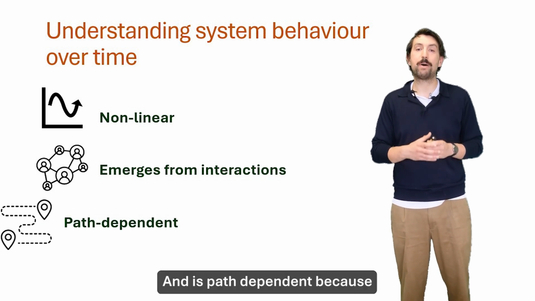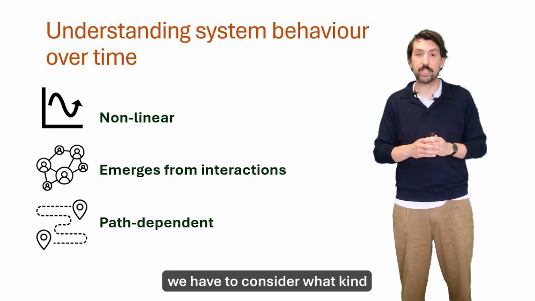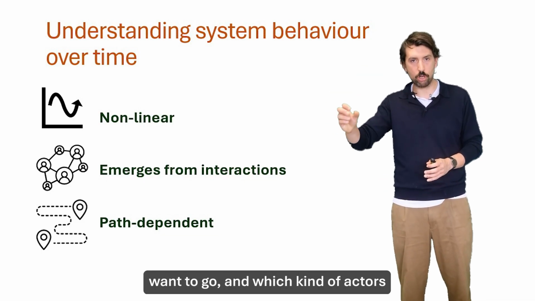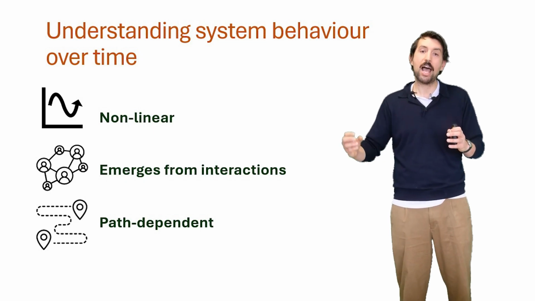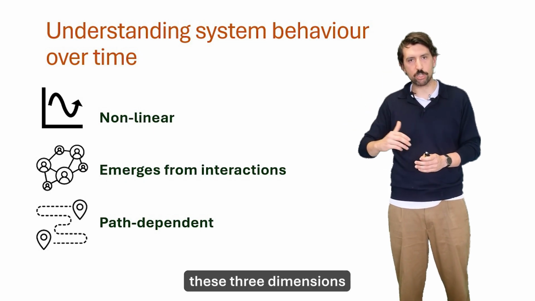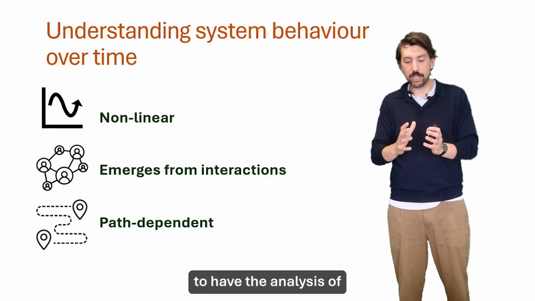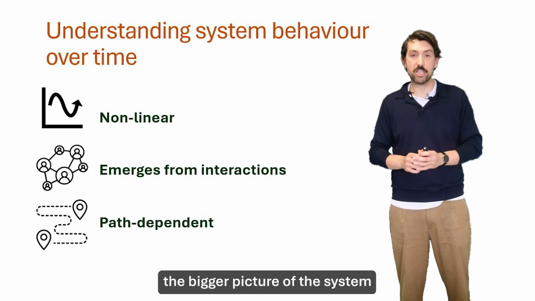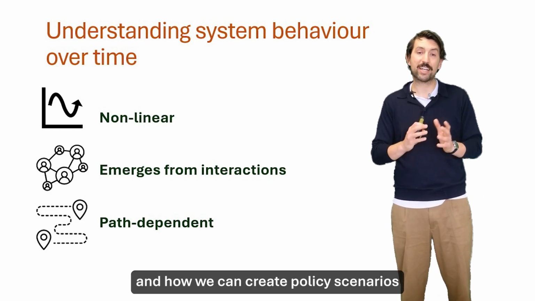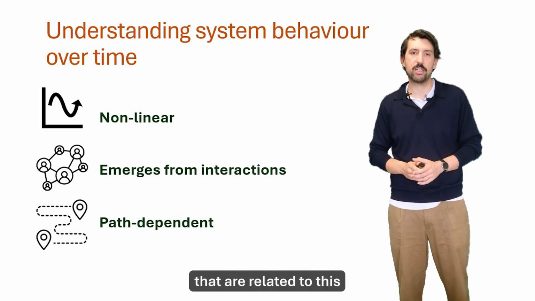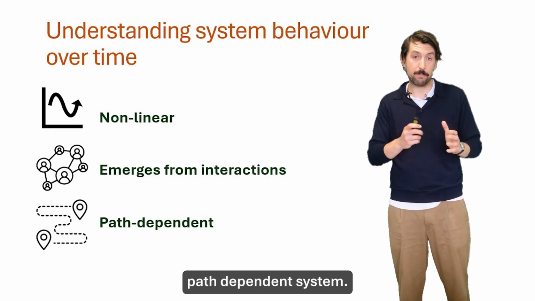And it is path dependent, because we have to consider what kind of interactions, where the system wants to go, and which kind of actors deal with this system. So we have to consider these three dimensions to have the bigger picture of the system and how we can create policy scenarios that are related to this path-dependent system.